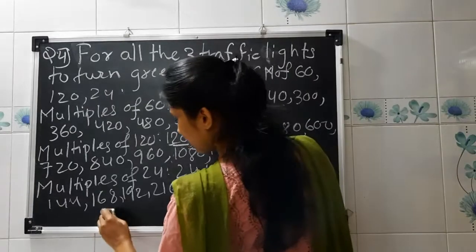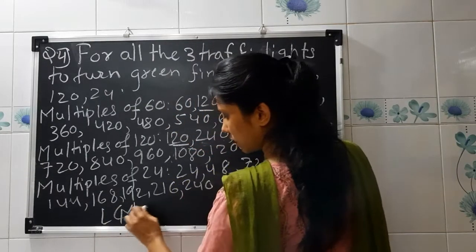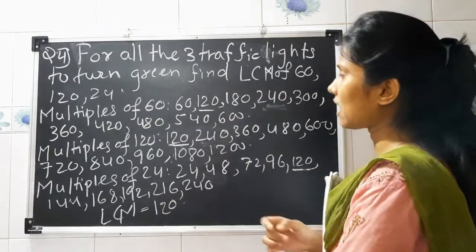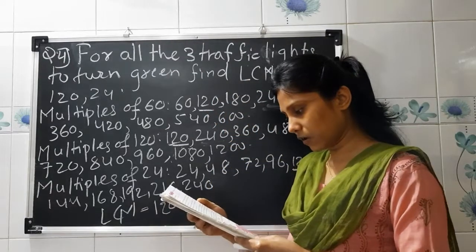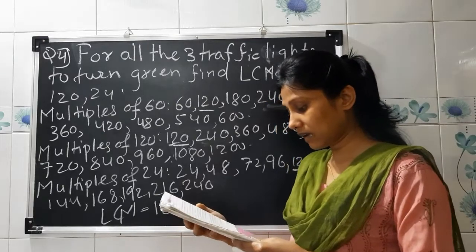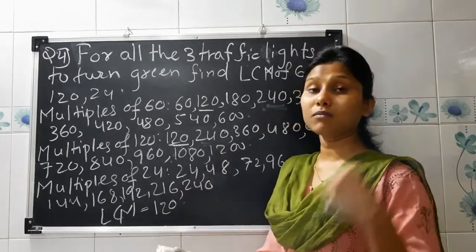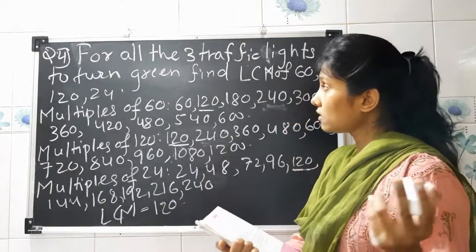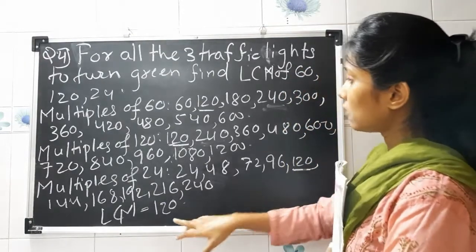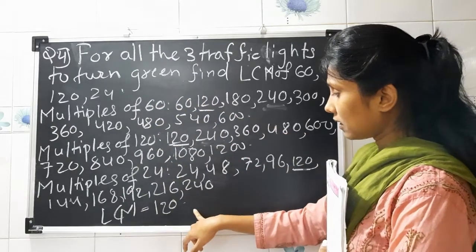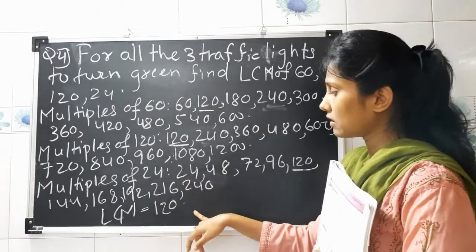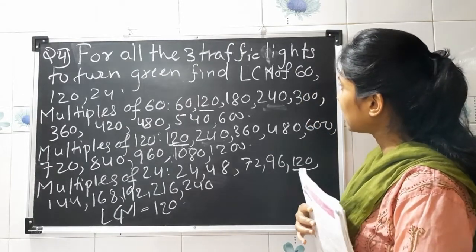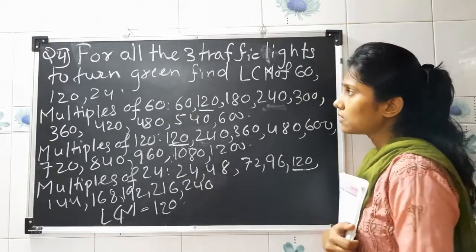So we will consider it as LCM, that is lowest common multiple. So our final answer: we need to find out at what time the traffic lights take to again turn into green color. Therefore the time taken for the traffic lights to turn green is 120 seconds. Got it? 120 seconds. Okay, understood?